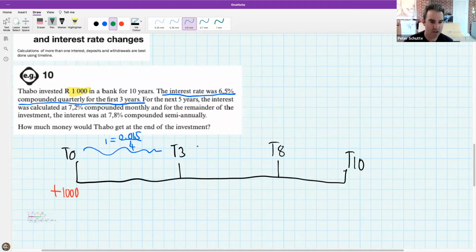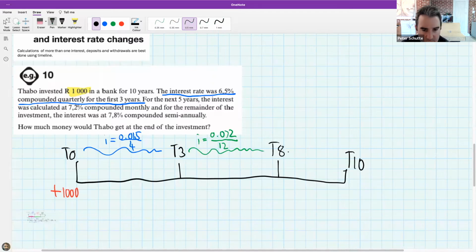And then the journey changes for the next 5 years. The interest rate is compounded monthly. So I'm going to write 0.072. Notice how it's going to decimal notation. And because it's compounded monthly, I divide by 12. Okay, so I've done that bit, which is good.